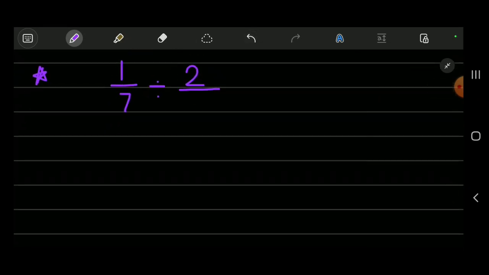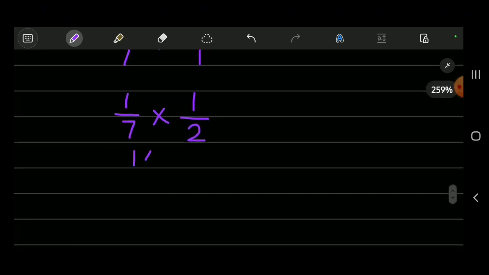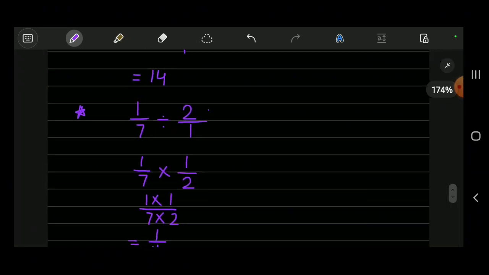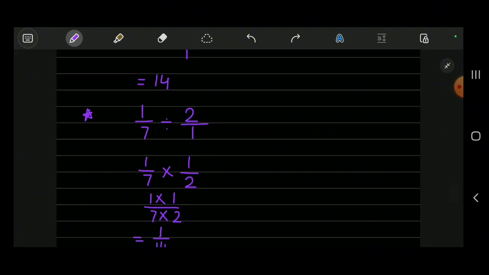I told you before, if there is no denominator, actually there is a 1. So in that case, write a 1, then division changes to multiplication and 2 becomes 1 by 2. Now you multiply 1 by 1 and 7 by 2, it will become 1/14. Okay, so the rule will stay the same. You will just take the reciprocal of the second fraction. If there is no denominator, your denominator is 1.